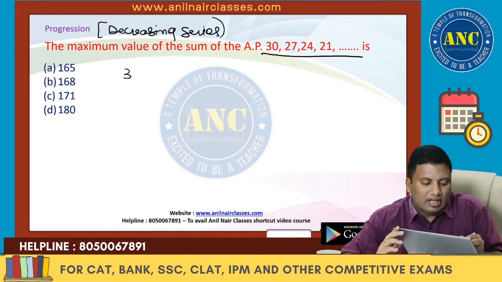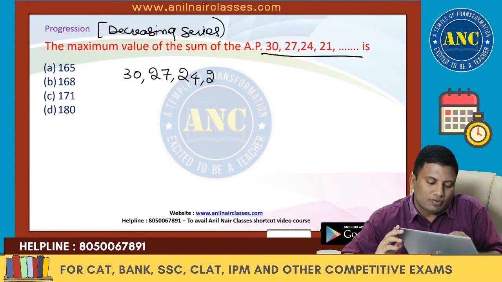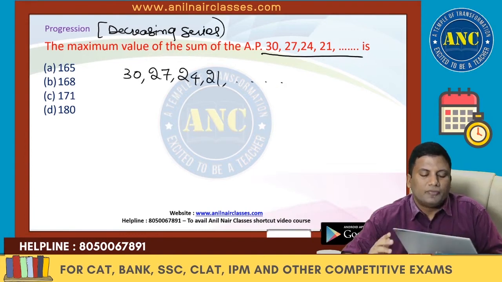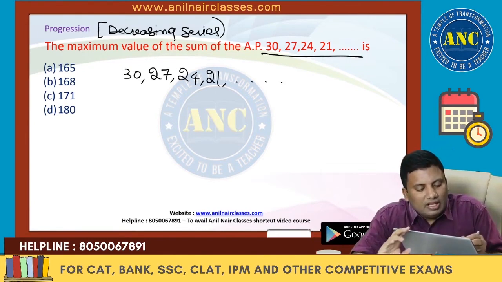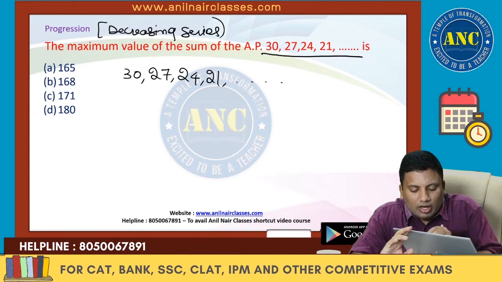Now if you see here 30, 27, 24, 21 and so on, up to after 0, this will be 3, 6, 9.